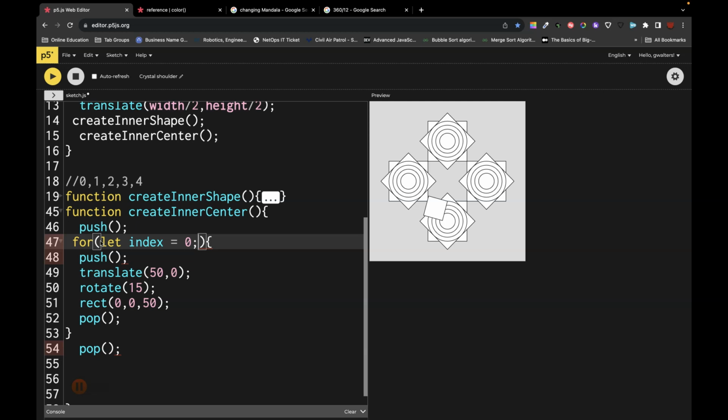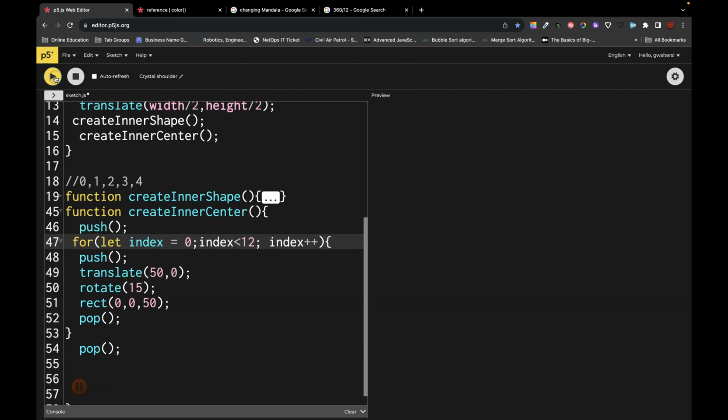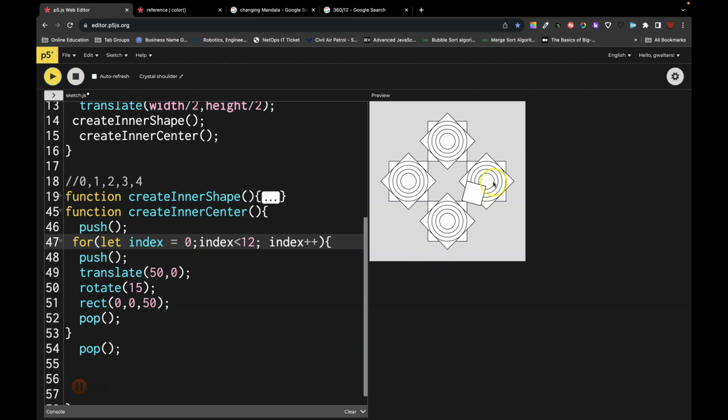Okay, so I'm going from 0 to index is less than 12, okay, because we're starting at 0. And then we want index to increase by 1. So this now is going to do this 12 times, okay? But I have not moved out of that spot each time I do it.